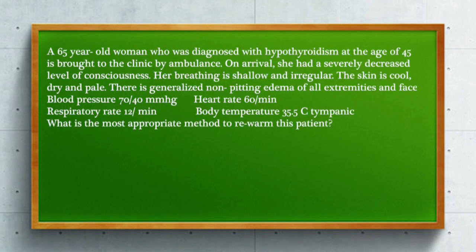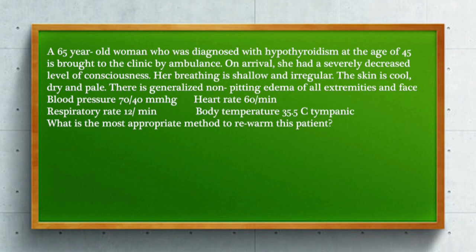Next question. A 65-year-old woman who was diagnosed with hypothyroidism at the age of 45 is brought to the clinic by ambulance. On arrival, she had a severely decreased level of consciousness. Her breathing is shallow and irregular. The skin is cool, dry, and pale. There is generalized non-pitting edema of all extremities and face.